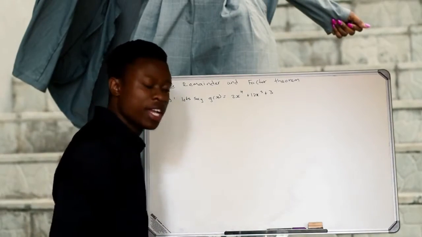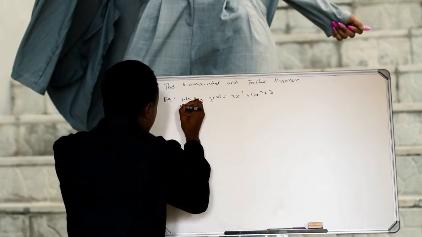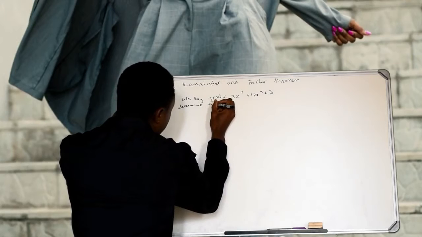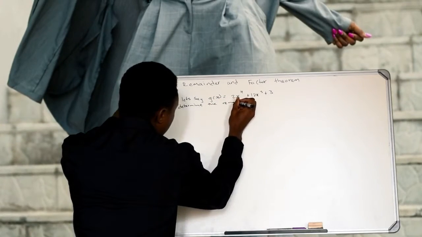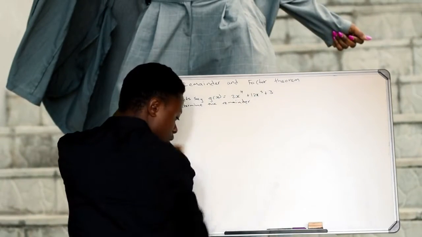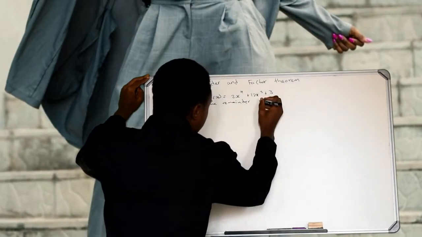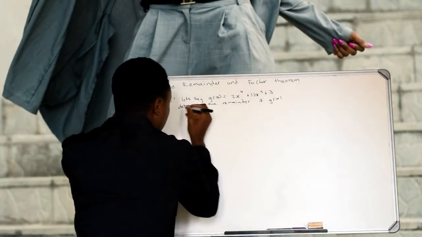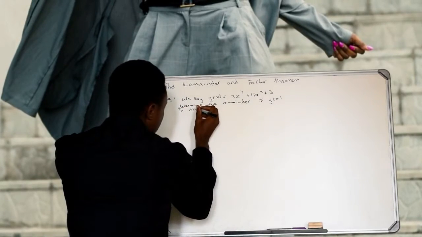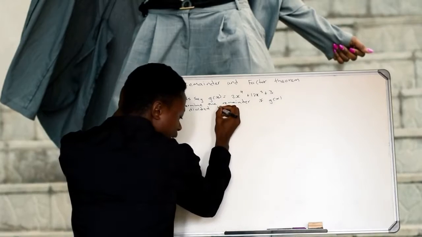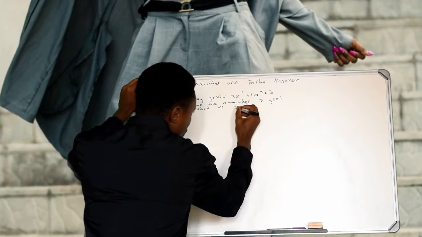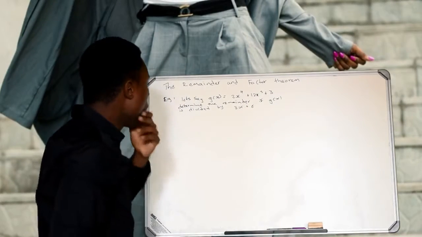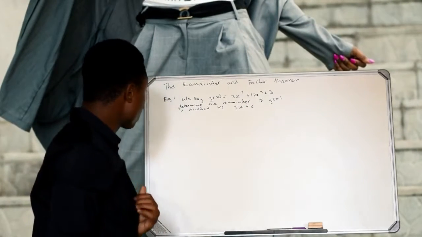Determine the remainder if g of x is divided by 3x plus 6, right?